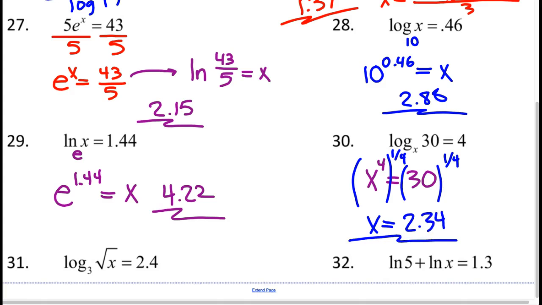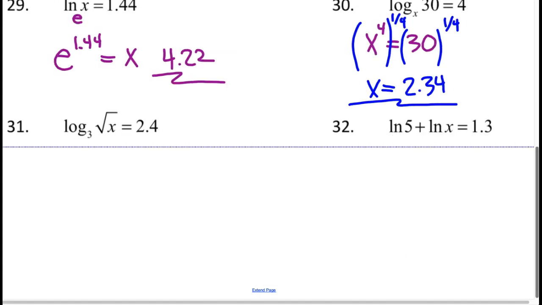Okay, next question, we have the log of the square root of x, base 3. I'm going to take the square root of x and write it as x to the 1/2. So I'm going to rewrite it as an exponent.